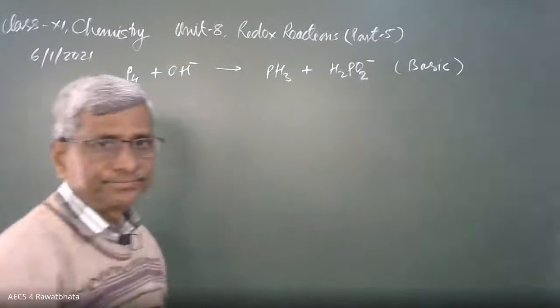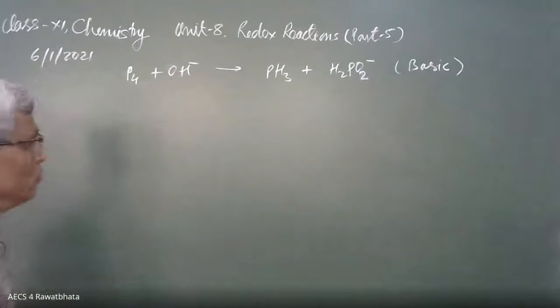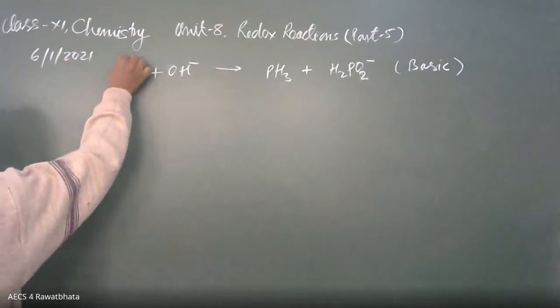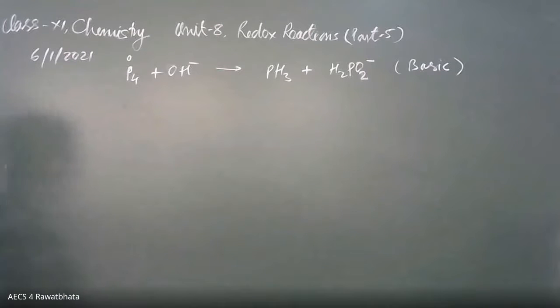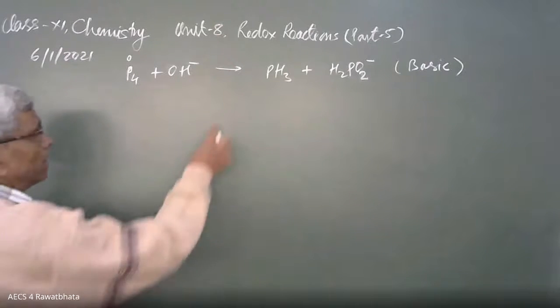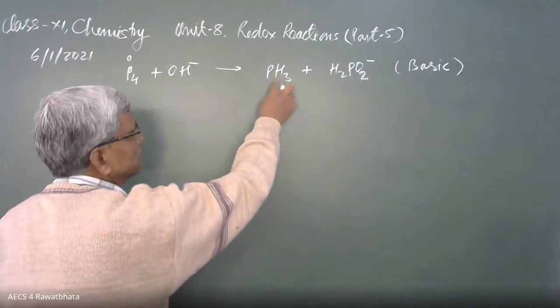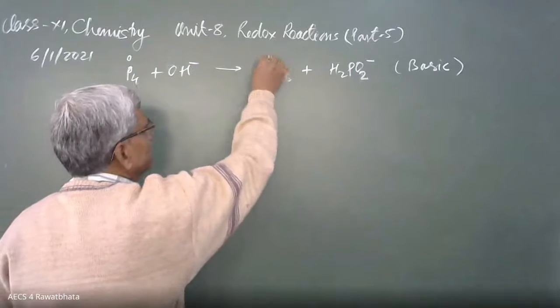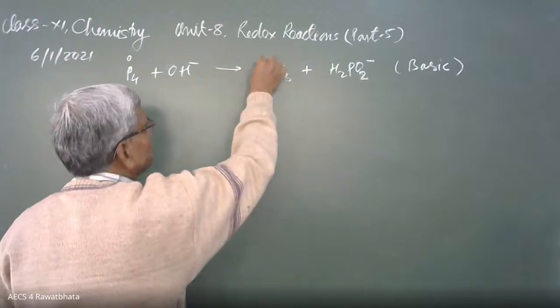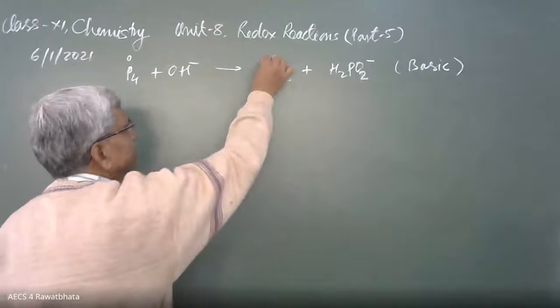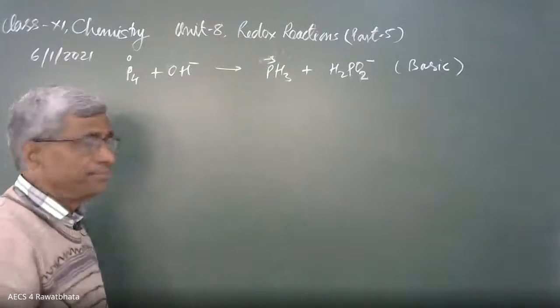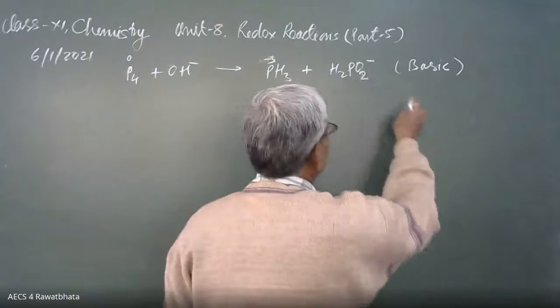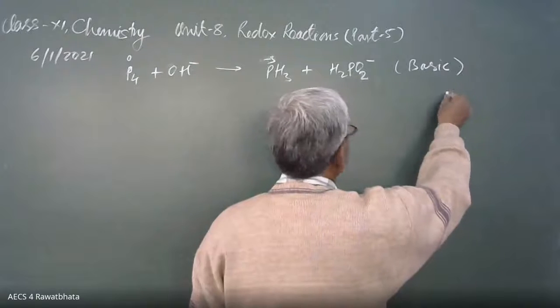The medium is OH minus, mentioned here. That's why, if it is not given, basic medium is understood. What to do here? Oxidation state of the phosphorus element is 0. Here hydrogen is plus 1, 3 hydrogen, that's why plus 3, and here phosphorus will be minus 3. Okay, beta? Here H2PO2 minus, just calculate on the rough side.